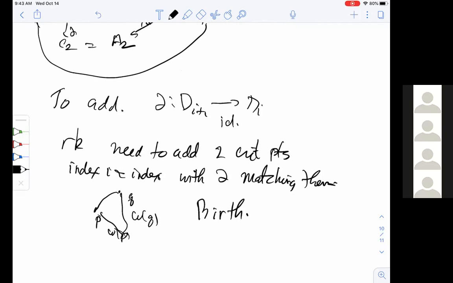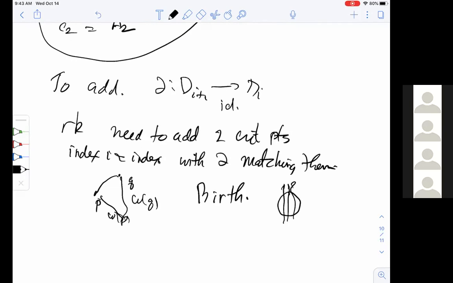You go out into, at some level, into the s-cobordism, you find a little ball where the function is non-zero and the vector field is in the xn direction, and you replace that by a birth with 2 critical points of index I and I plus 1, connected by a single transverse flow line.